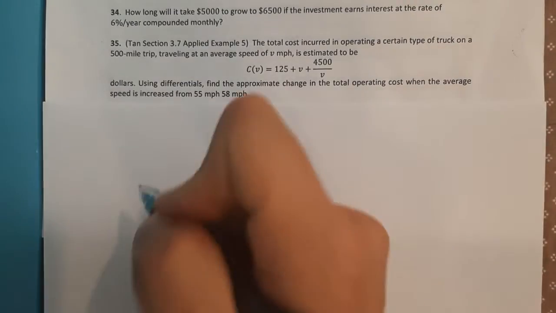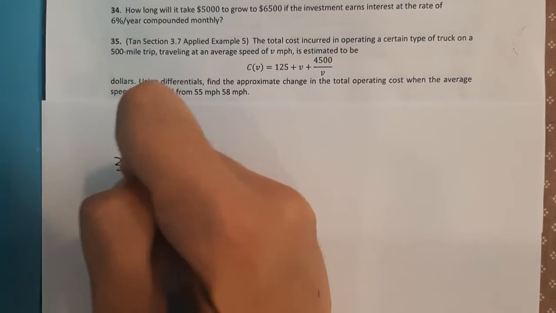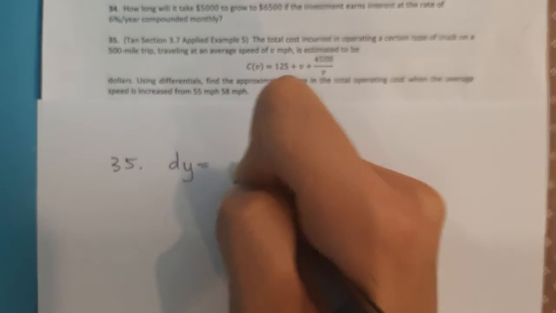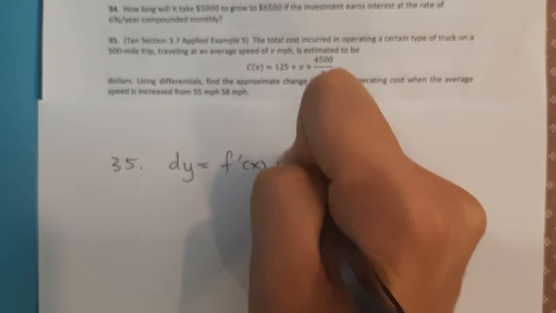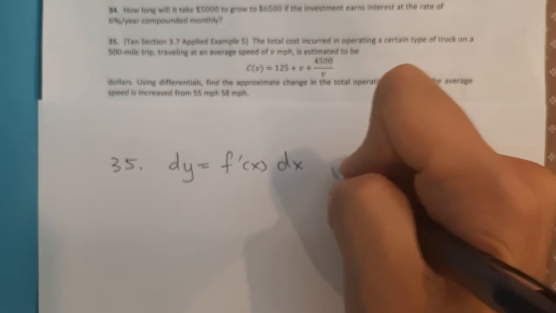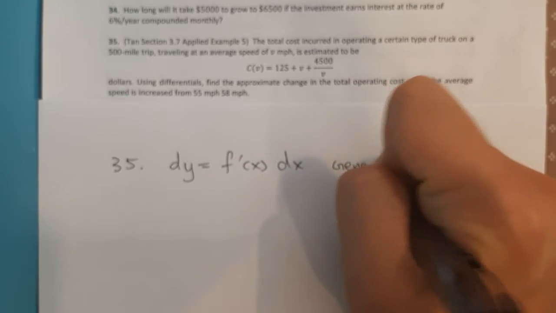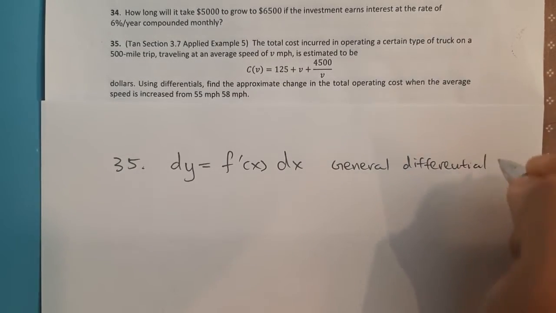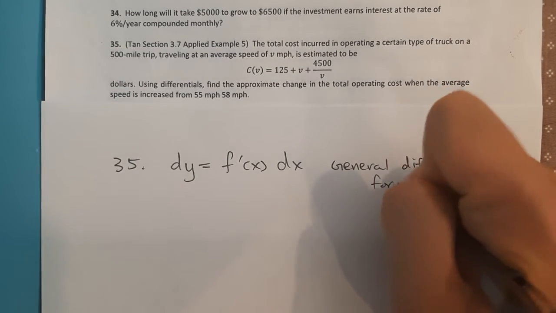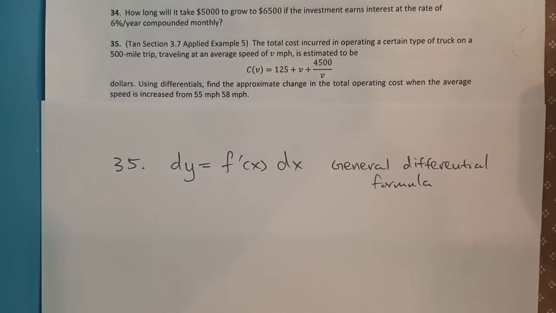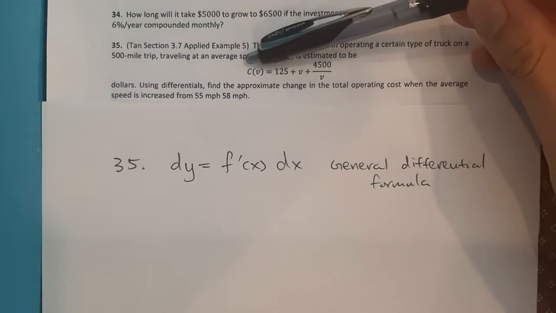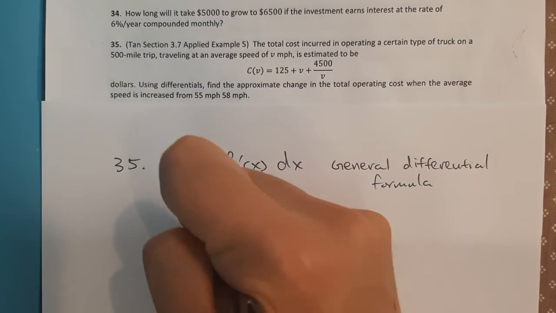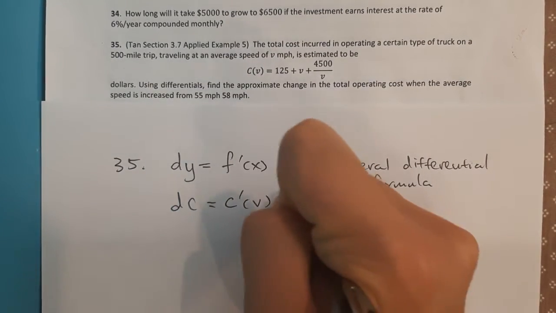So the general differential equation is going to be dy equals f prime of x dx. This is the general differential formula. So in this case, we have the letter capital C, we have a v, so we're going to use dC equals C prime of v dv.